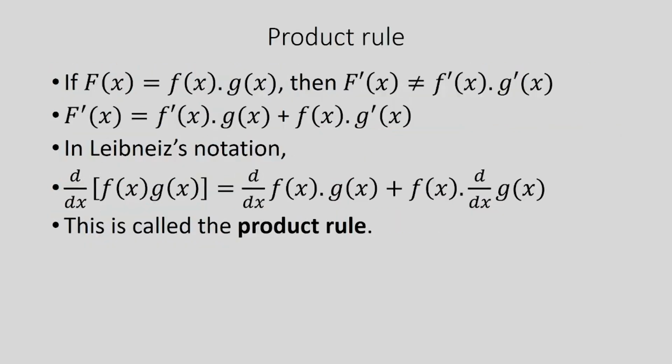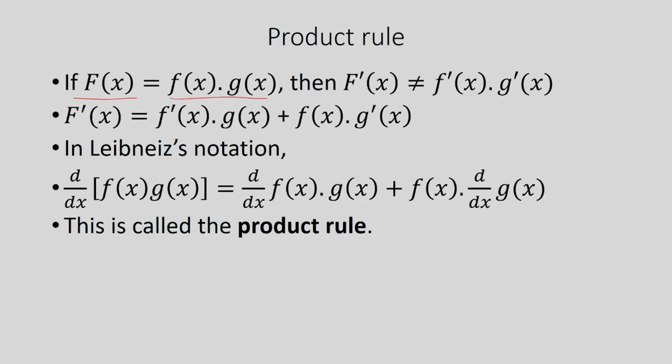We come to another rule, which is called the product rule of differentiation. So, here if you take the product of two functions f and g, and suppose the product is called capital F, so capital f of x is equal to small f of x multiplied by g of x.